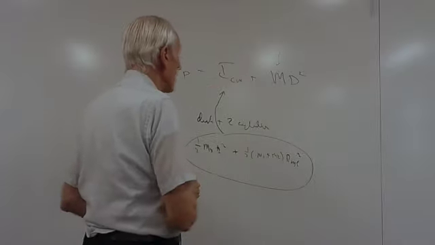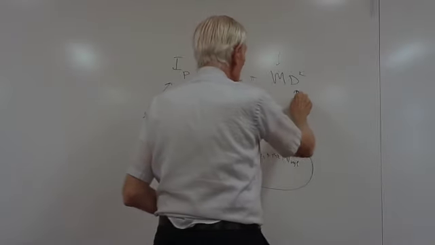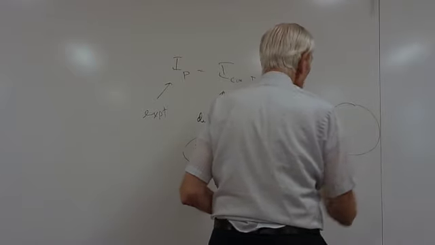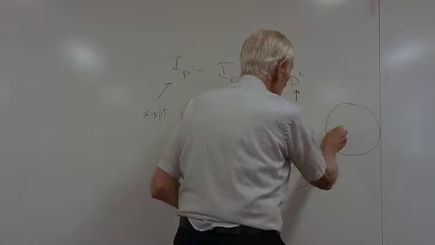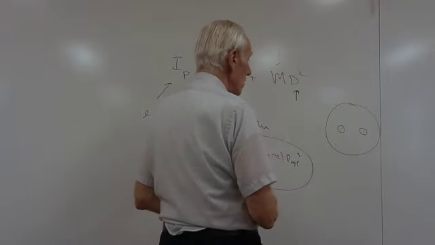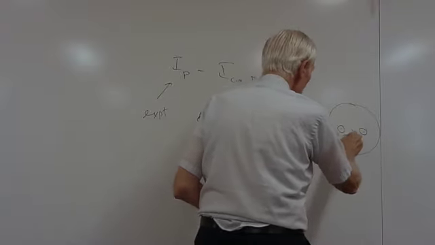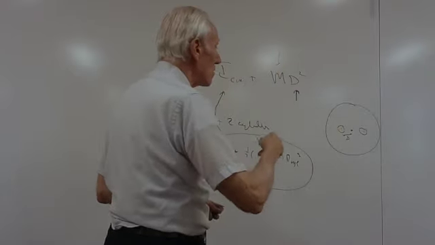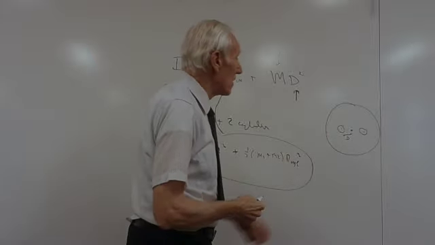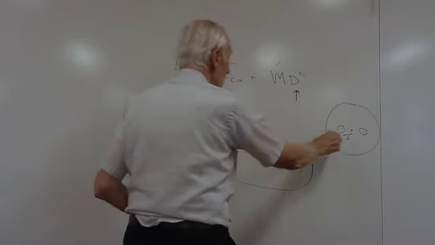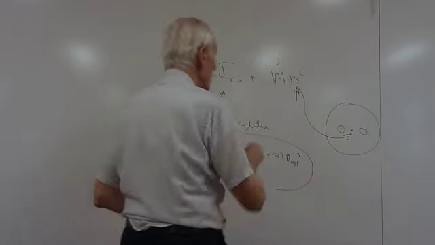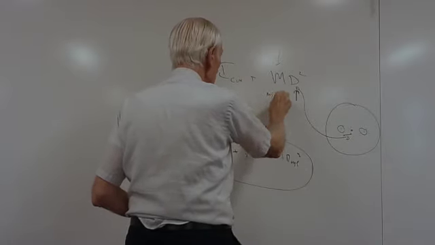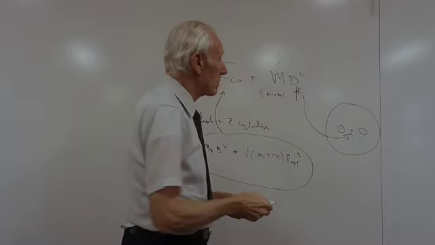That's all this thing here, plus md squared, where d is the distance on the disk from the little positioning holes where the little cylinders are sitting. So this is d. This is the distance from the axis of rotation to the parallel axis of rotation of each cylinder. So that's what goes in over here, and this mass is the mass of the two cylinders together, about 800 grams.